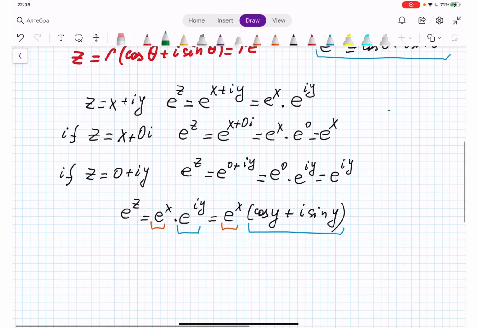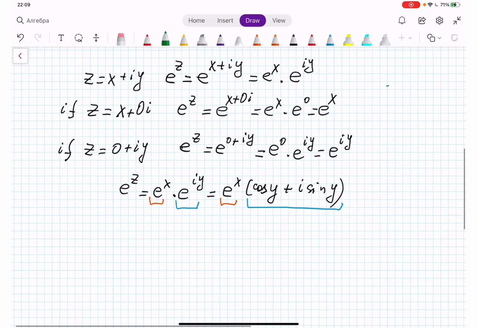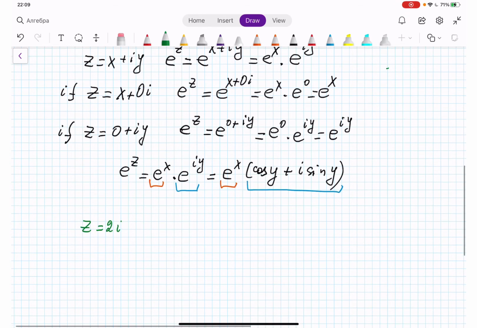Let's solve some example. Write a complex number z equals 2i exponentially. Okay, we know that z, complex number z, is equal to x plus i y.